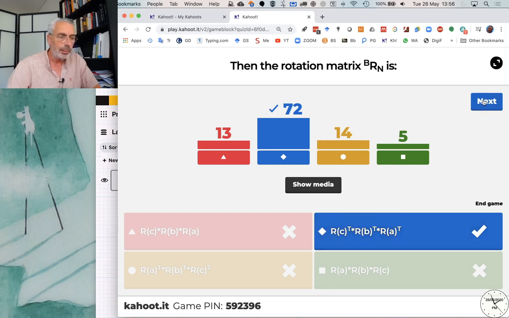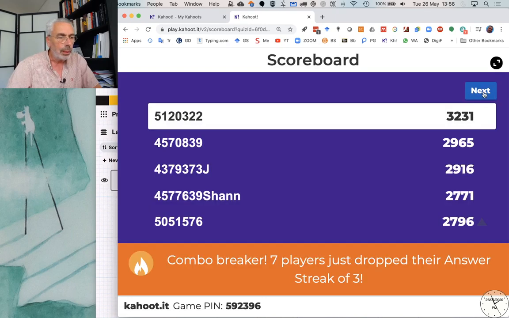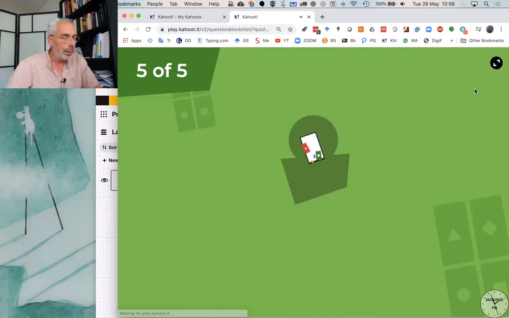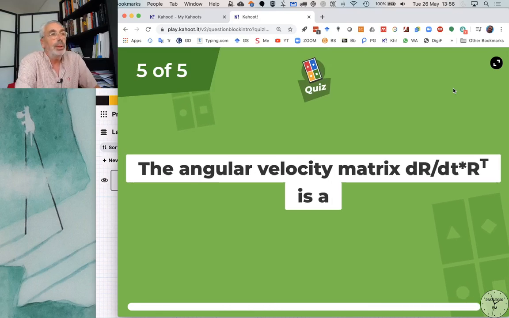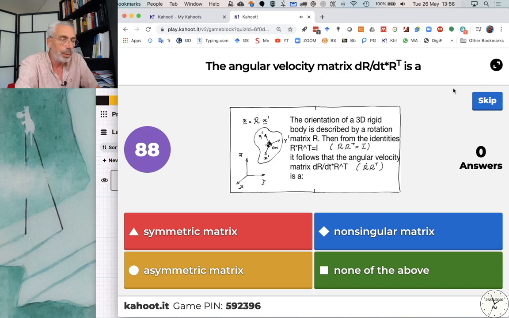the correct answer. Great. So then we go to the last question, question number 5, and that's about the angular velocity matrix, R dot R transpose.